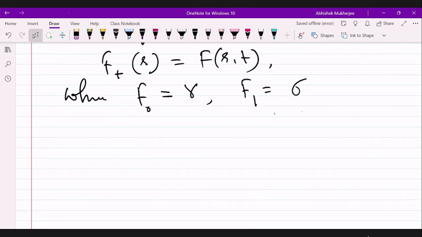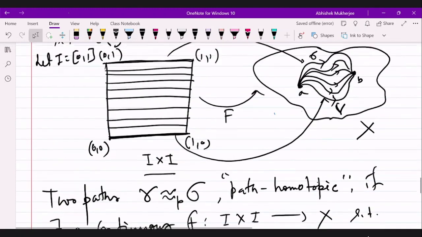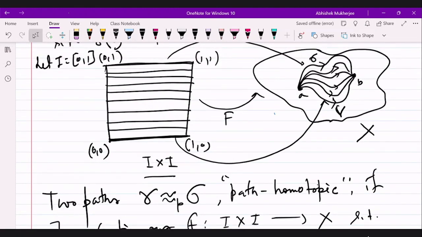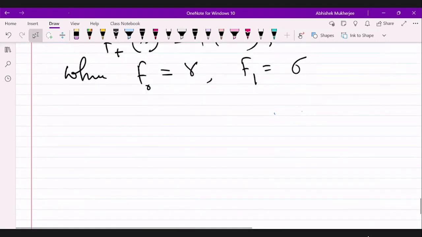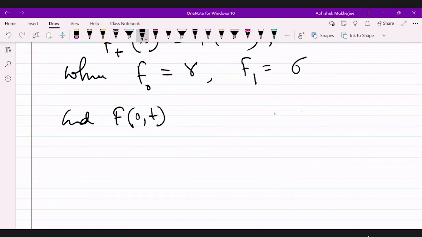And during that deformation, the endpoints will not be changed. So F(0, t) must be A, and F(1, t) must be B.